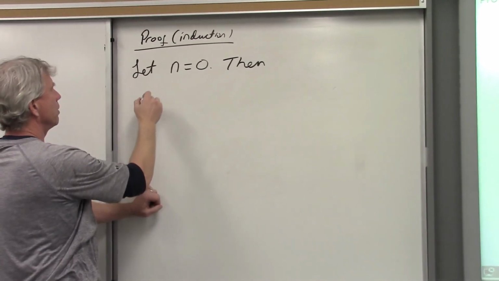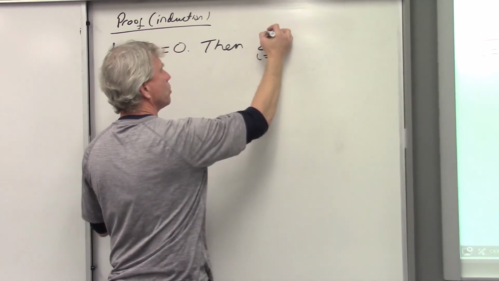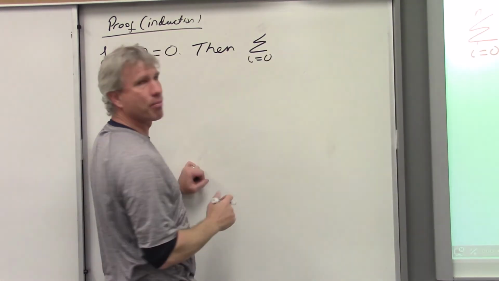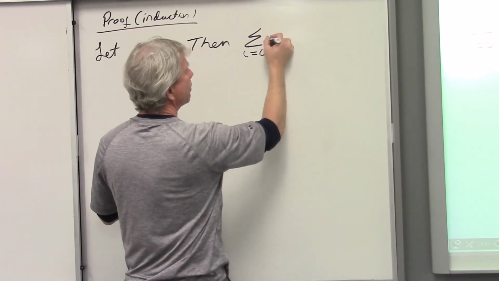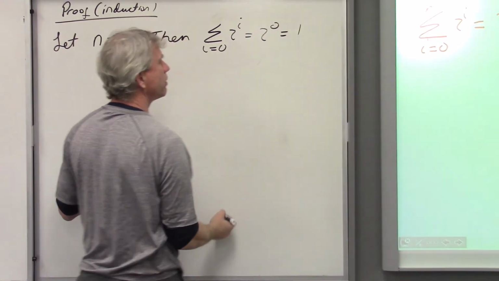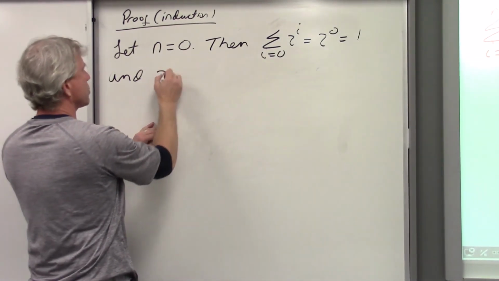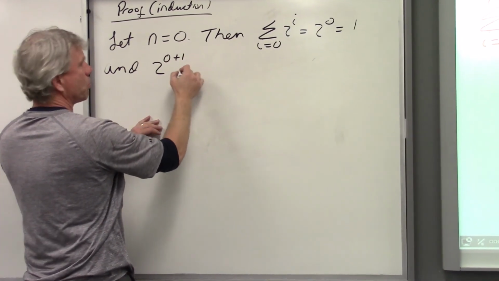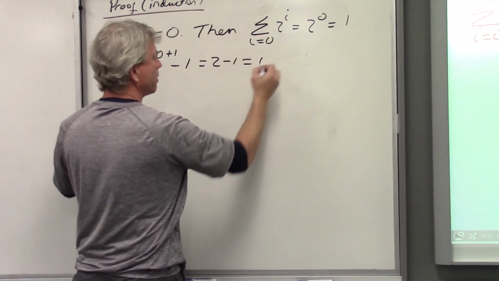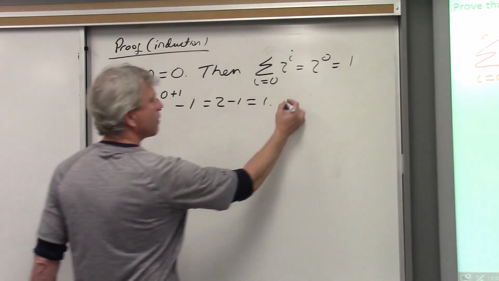We have the sum from i equals 0 to 0. We're just putting 0 in this time. I could probably just put the sum from i equals 0 of 2 to the i will be equal to 2 to the 0 equals 1. And the formula that we're given would give us 2 to the 0 plus 1 minus 1 equals 2 minus 1 equals 1. So it holds for the base case. The formula holds for the base case.